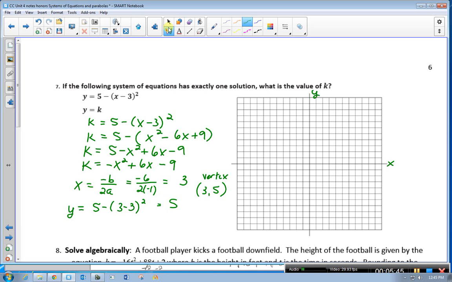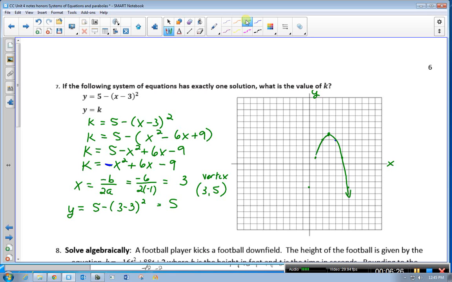So if I go over 3 and up 5, remember you've got a negative x squared, so it's going to be pointing down. So it's over 1, down 1 in both directions, over 2, down 4, and over 3, down 9. It's just a transformation of that parent function.